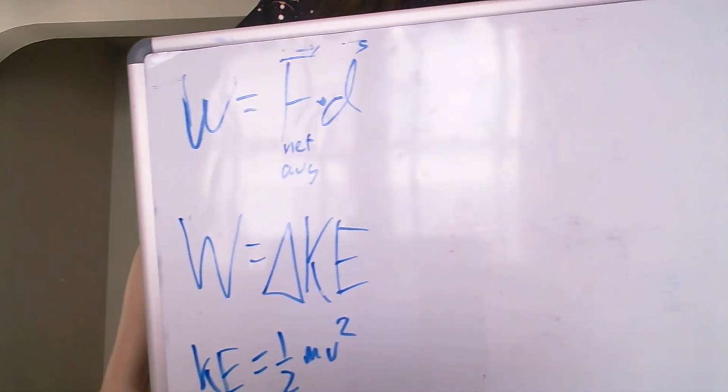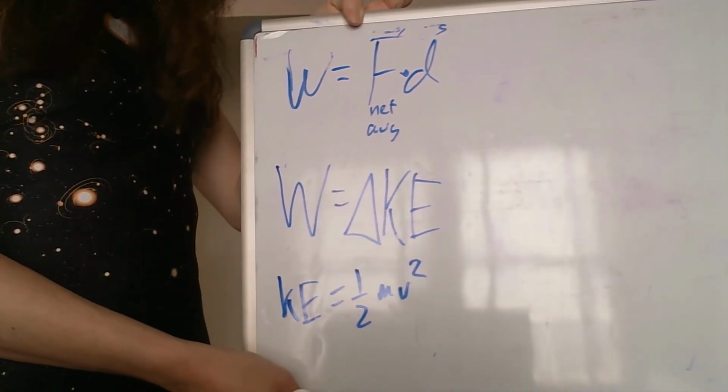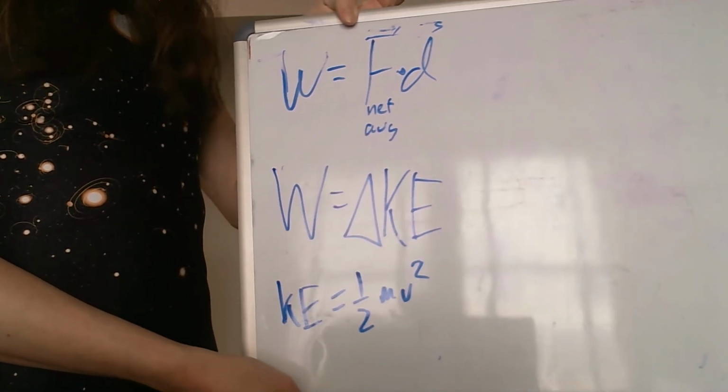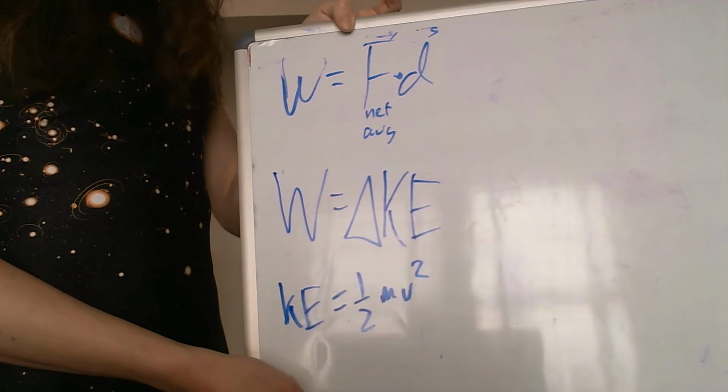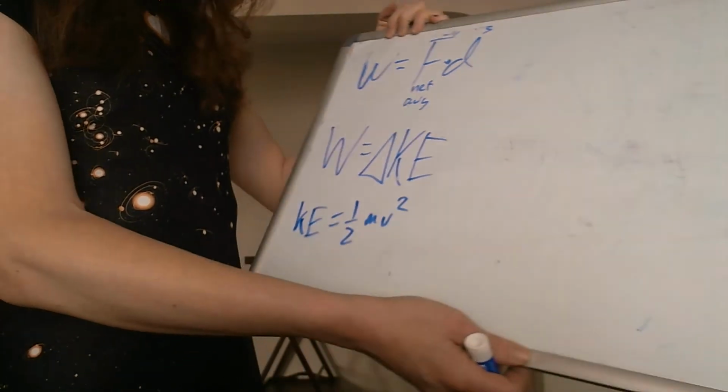So we have our work is net average force times the distance in the same direction as that force. It can change energy, change kinetic energy, and we've got a definition for kinetic energy. It's related to speed, square of the speed.